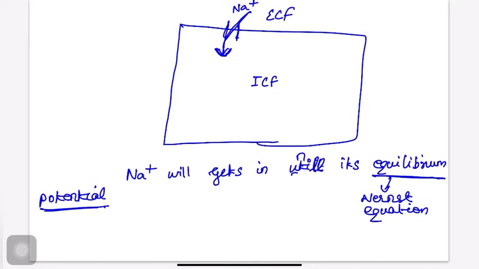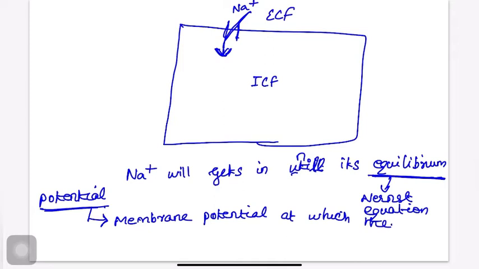So what does equilibrium potential mean? Earlier we saw about equilibrium potential; now we are going to give a different definition. Equilibrium potential is nothing but the membrane potential at which the electrical gradient of an ion cancels the chemical gradient.